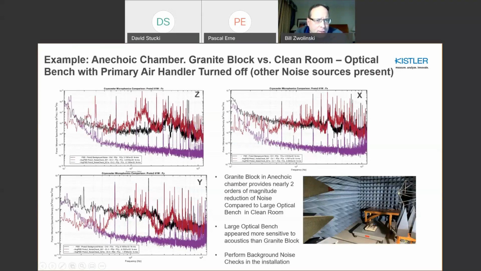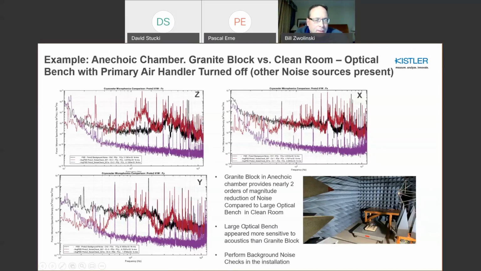This black curve is a reference that we got from another institute, and we were on the order of that black curve with the primary air handler turned off. But going to a granite table in an anechoic chamber, we were able to achieve 1 to 2 orders of magnitude lower noise, which is quite profound.